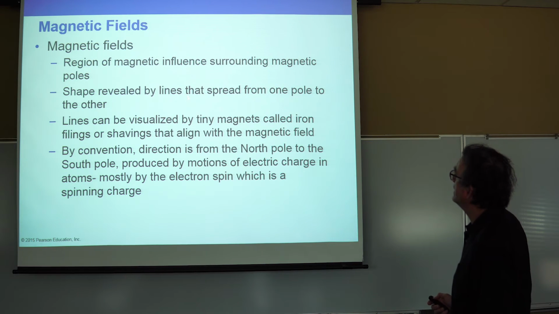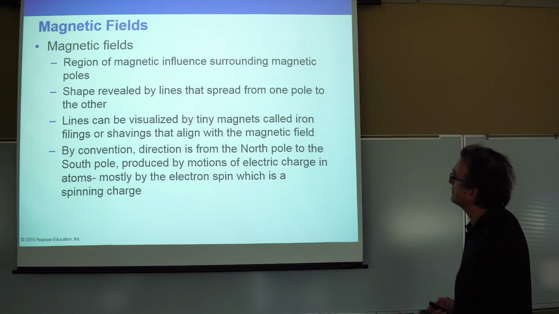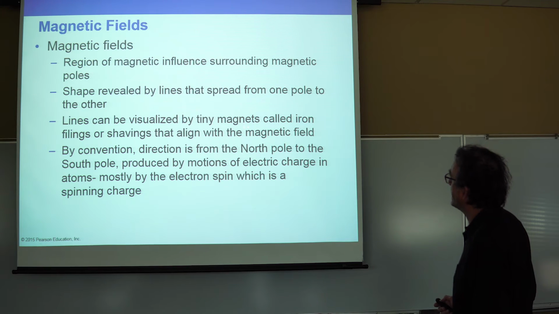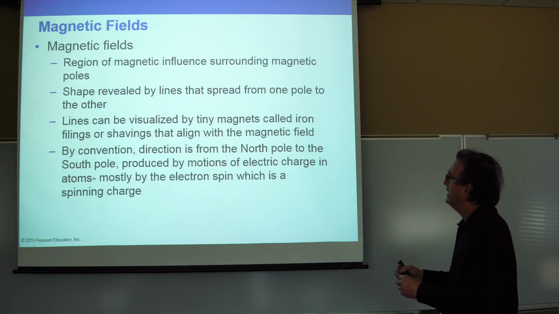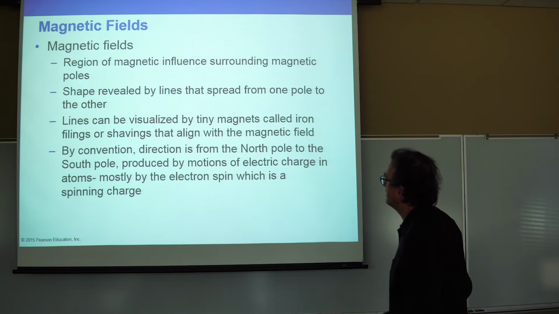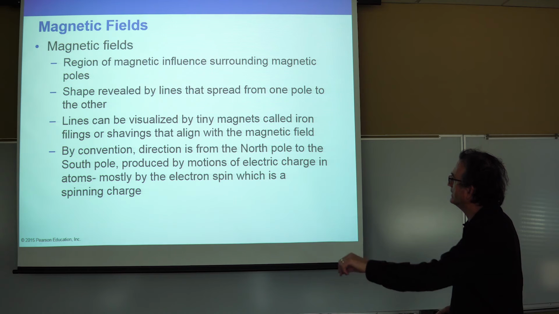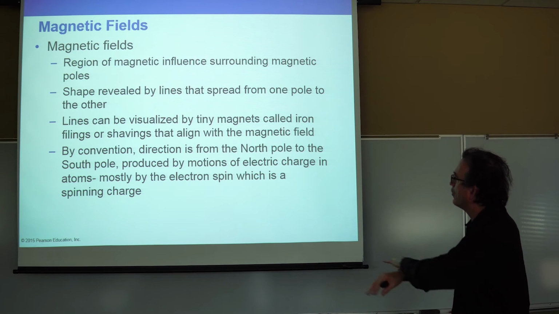And these lines are what we observed by filings being laid down on a sheet of paper next to the bar magnet. The lines can be visualized by tiny bar magnets called iron filings or shavings, and they align themselves with the magnetic field, and that is why we see the shape of the magnetic field when we scatter these tiny iron filings, which are in fact tiny magnets themselves, over the sheet of paper.